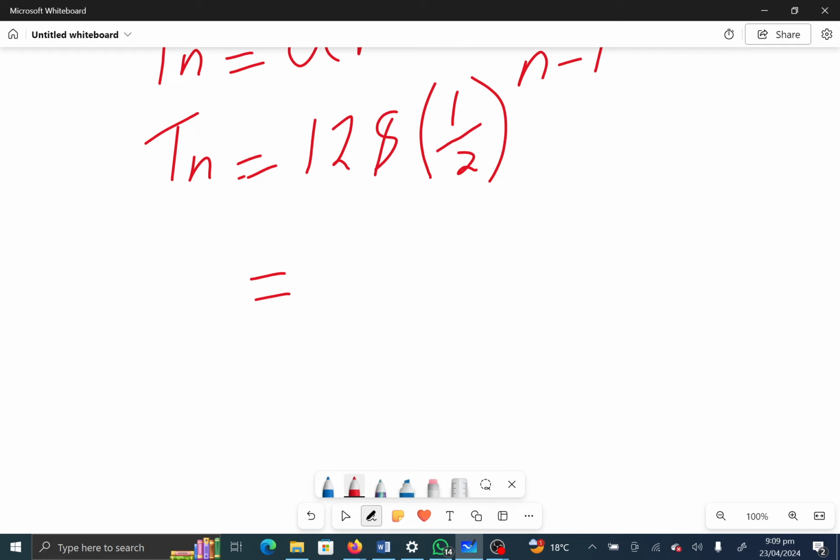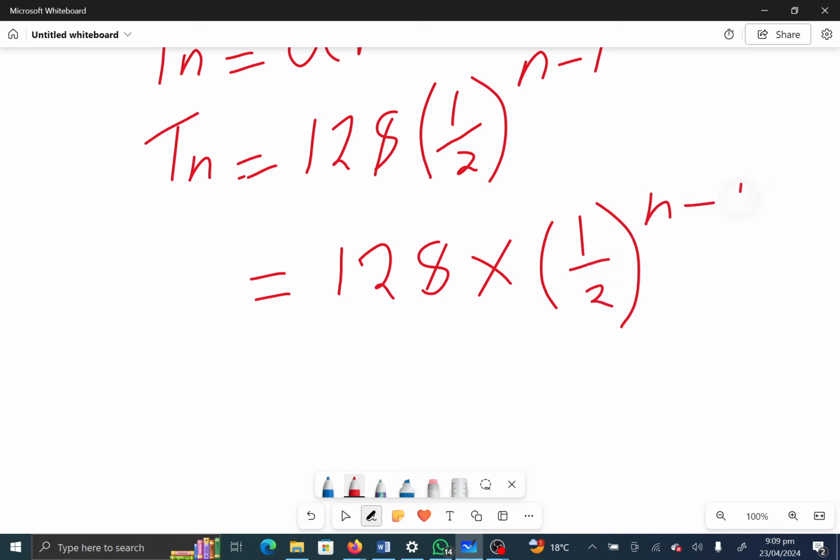The index of 128: we can say 128 multiplied by 1 over 2 to the power n minus 1.